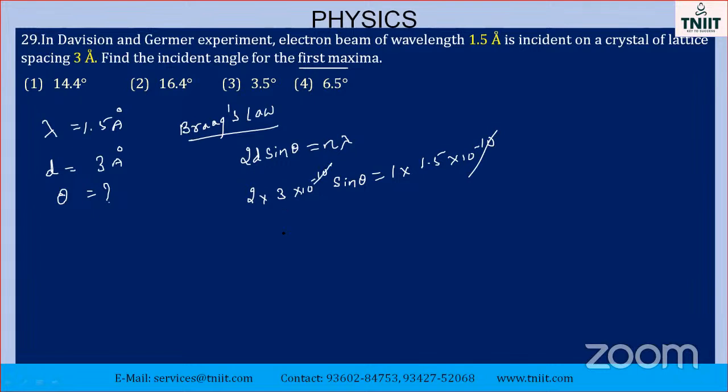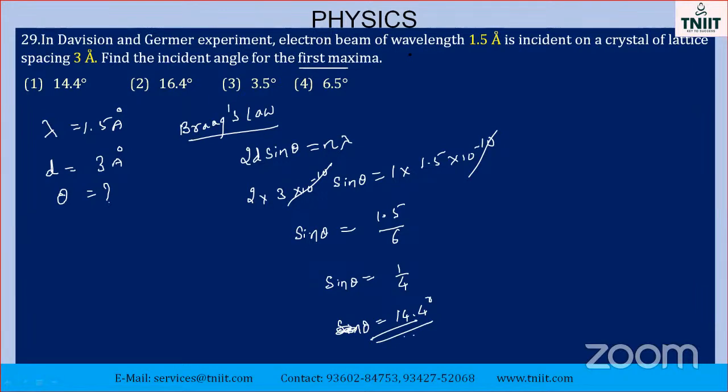So this 2 will get cancelled out. So sin theta value will be 1.5 divided by 6, so sin theta is 1 by 4, approximately 14.4 degrees.